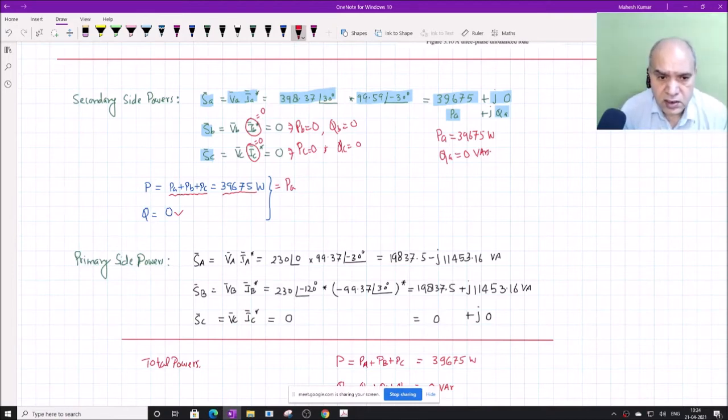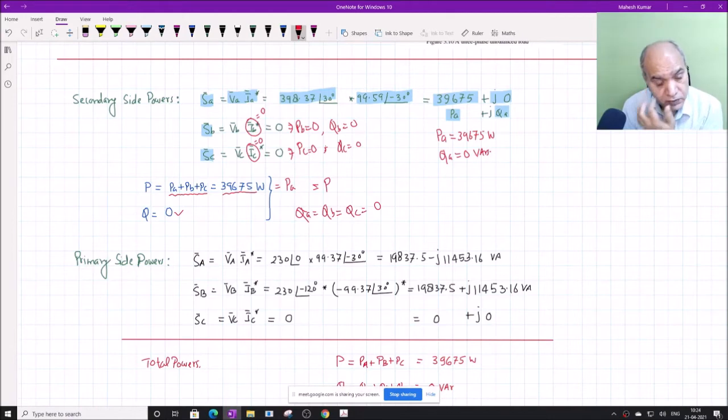That means QA equal to QB equal to QC, even they are 0. So the whole circuit behaves like a single phase system. Obviously it is a single phase system because we are supplying only one kind of load, only resistance between A and B. So there is only P, that's all, which is the total active power, real power.